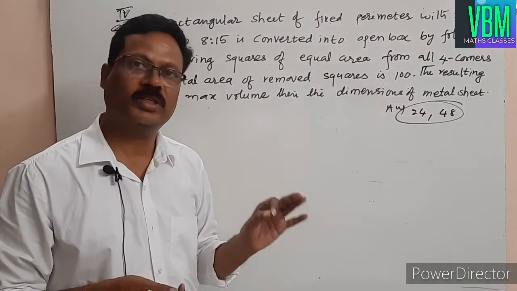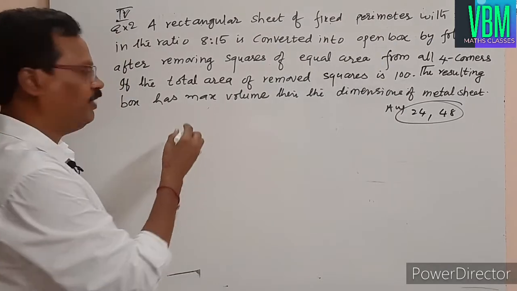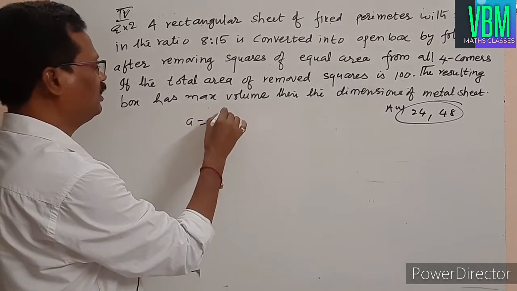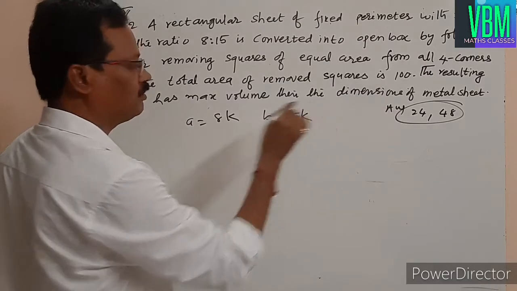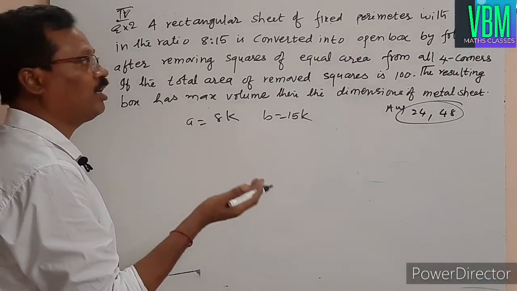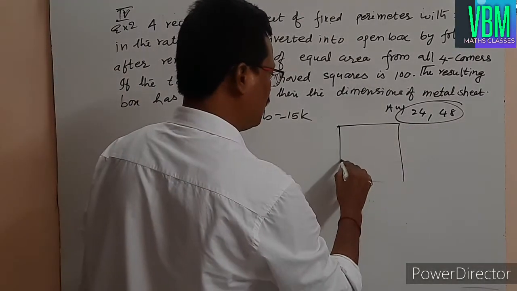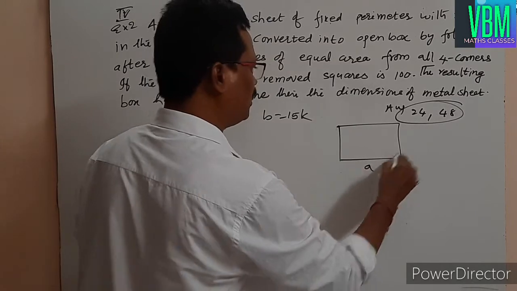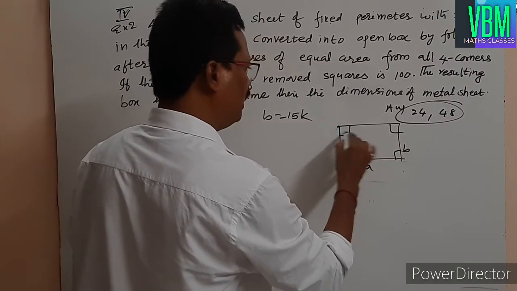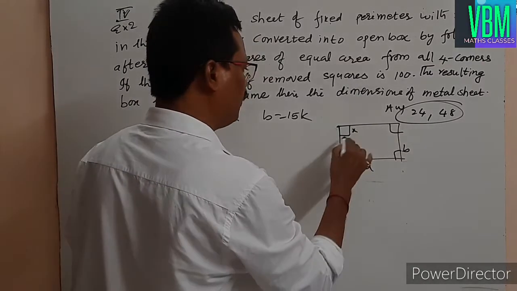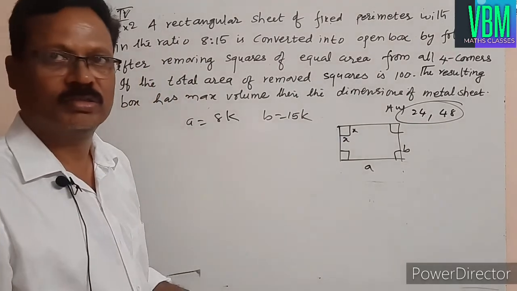Here also we can apply the shortcut. Sides are in the ratio 8:15. That means if I take the length a as 8k and b is equal to 15k. What is the side of the square removed at 4 corners? Now this is a, this is b, at 4 corners the square of side x is removed and the sheet is folded to form the box.